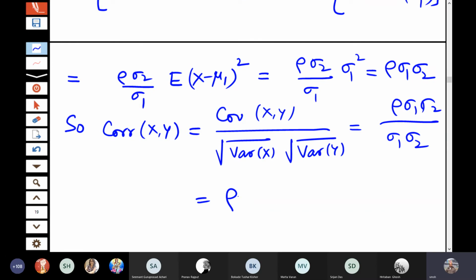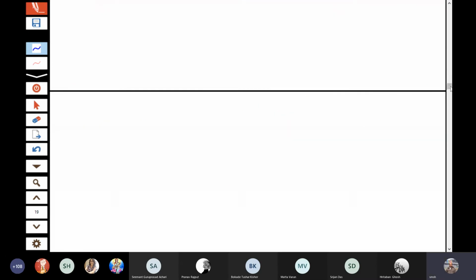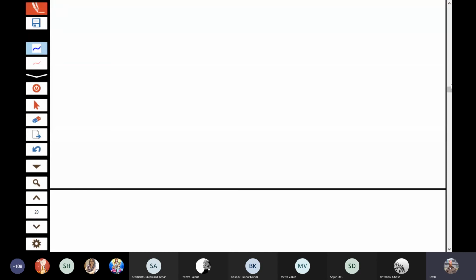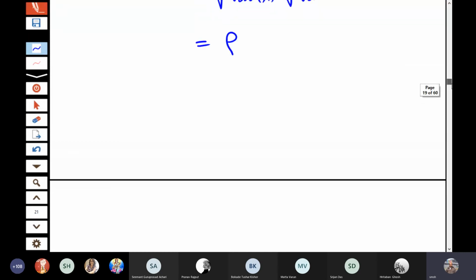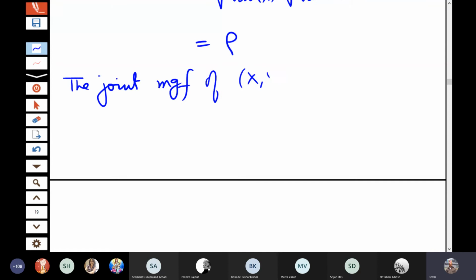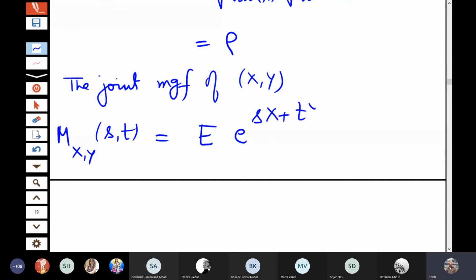Let us also look at the joint MGF here. Let us calculate the joint moment generating function of x, y, that is M_xy(s, t), that is expectation of e to the power sx plus ty.